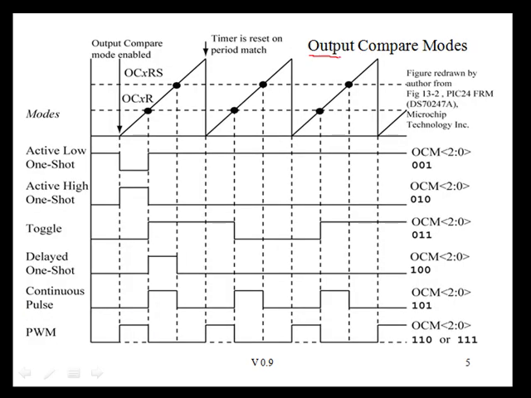Let's talk about the various output compare modes. The first thing we'll talk about is the one-shot modes. We'll talk about the active high one-shot mode, since the active low one-shot mode functions exactly the same as the active high, except that the voltage levels are reversed. Initially, the output compare pin will be low. It will go high whenever you write this mode value to the output compare control register.